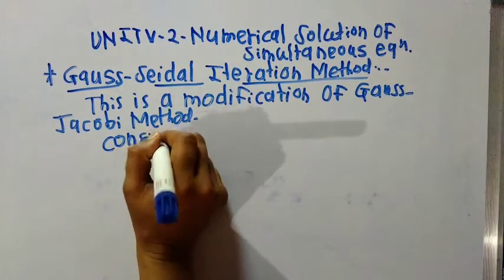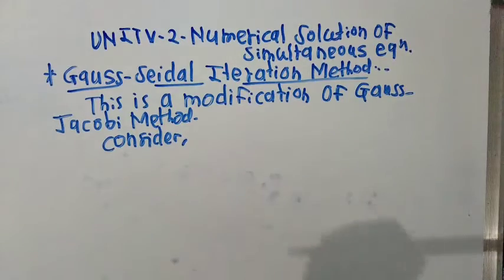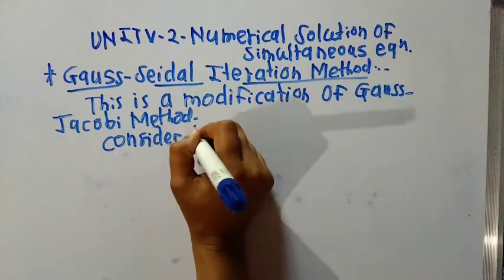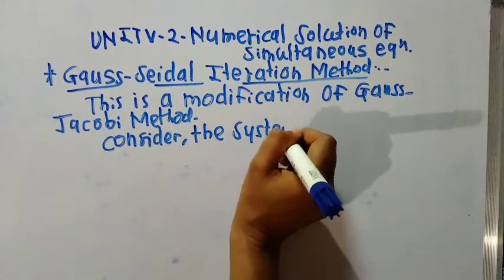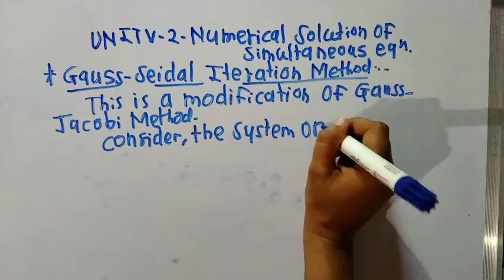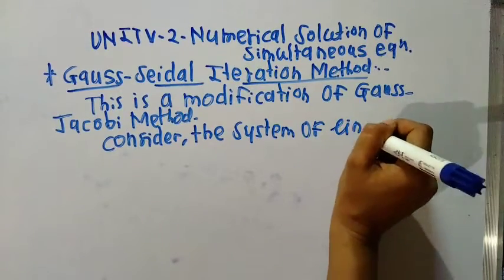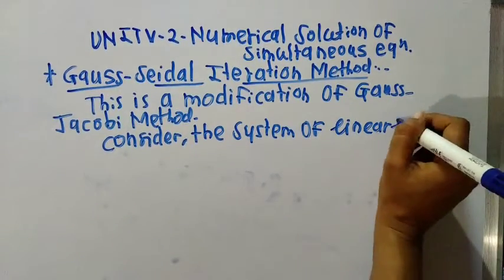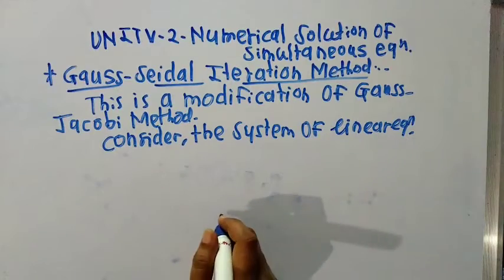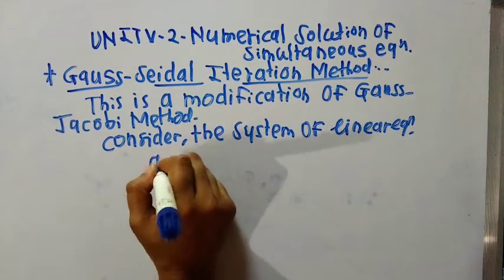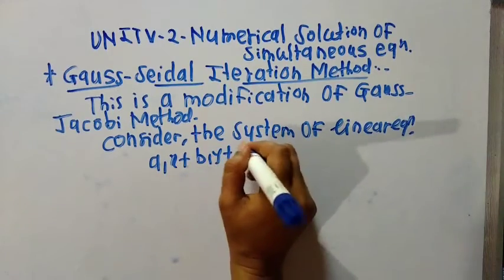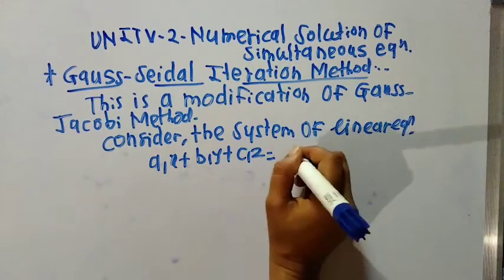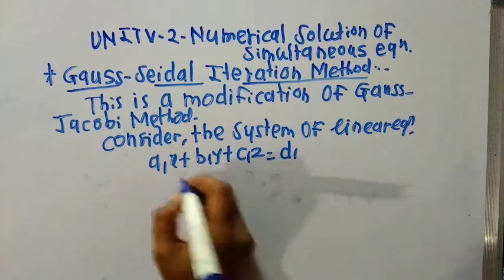Then first, consider the system of linear equations: a1x plus b1y plus c1z is equal to d1.